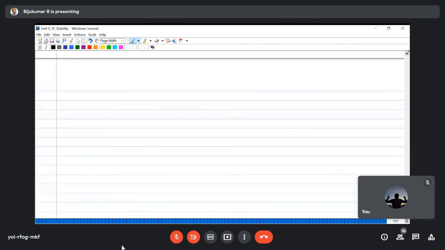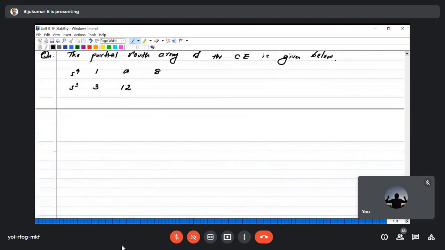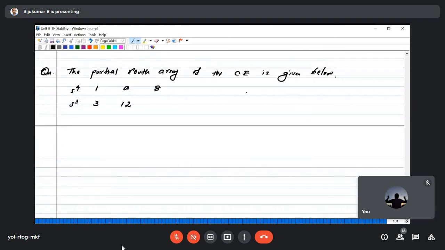They have given that the system has some oscillation, and that frequency of oscillation is 2 radians per second. Now the question is, find A. You have to find the value of A from these. Clear?